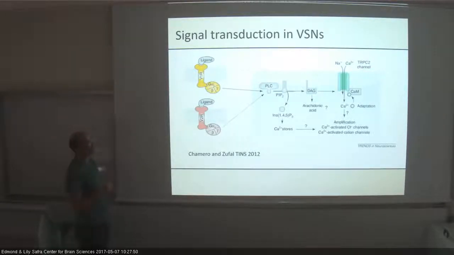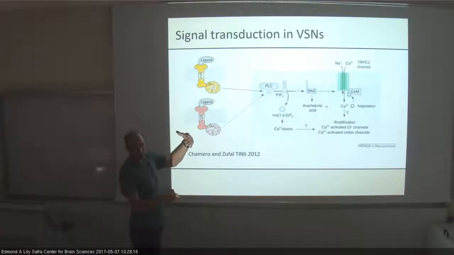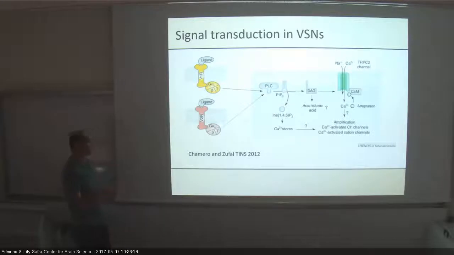So the TRPC2 channel is maybe not exclusively, but mostly expressed in vomeronasal sensory neurons, both types of vomeronasal sensory neurons, and it's not expressed or almost not expressed in main olfactory system sensory neurons. So the expression of this channel provides a genetic way to modulate, and as I will show you just now, to perturb, to destroy the activity of sensory neurons in the vomeronasal system specifically.